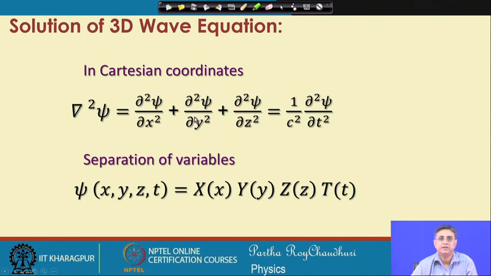In the same way, the second quantity will give you del square capital Y by del y square multiplied by the other three quantities, and so on. For the last quantity, this will be del square capital T by del t square into 1 by c square multiplied by the three x, y, z parameters.